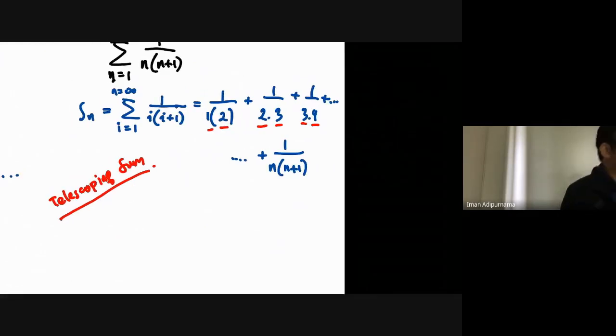So if you see any sequence or any sum of the series, sometimes you will see a big chunk of plus, plus, plus, plus, right? The telescoping sum idea is to shrink that plus, plus, plus. So we need to find a way to cancel all the middle terms. Okay, that's the telescoping sum.